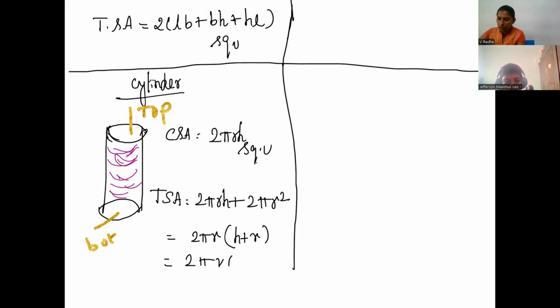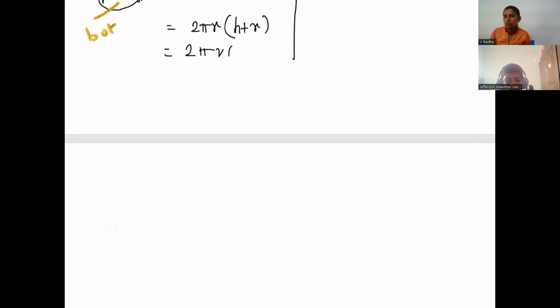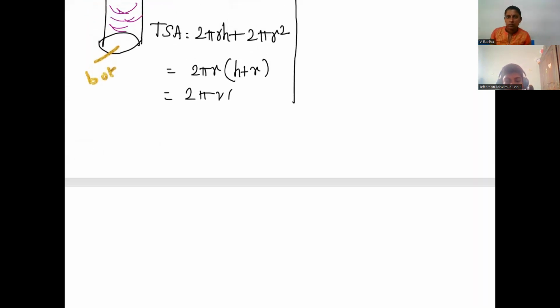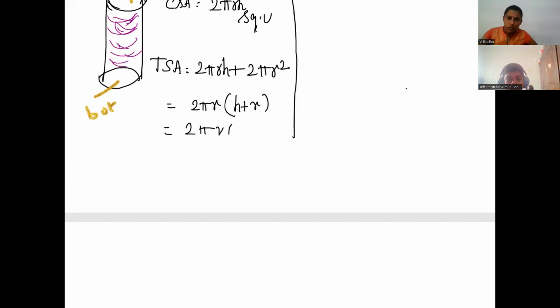Both are the same, not different. The units are square units.